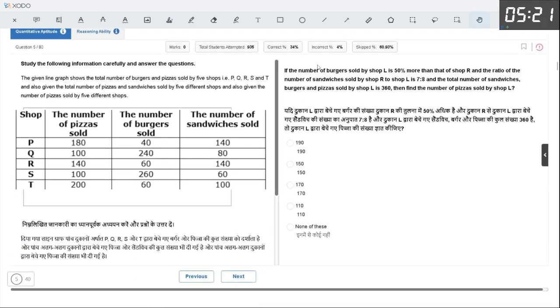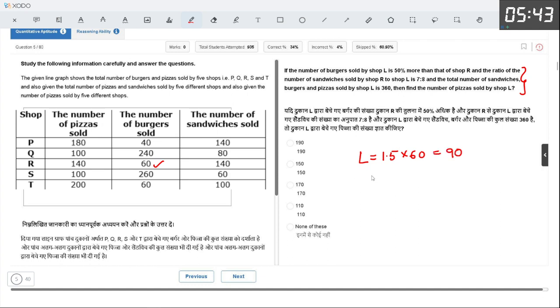See, this is a little big question. 4 questions will be very easy and 1 question will be a little different. So the number of burgers sold by L is 50% more, means 1.5 times that of shop R. Shop R burgers, how many made? 60. Now 1.5 times 60 is 90.